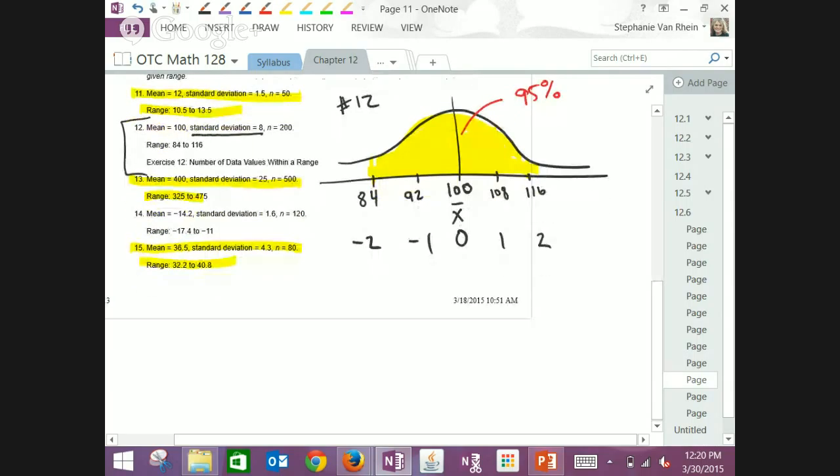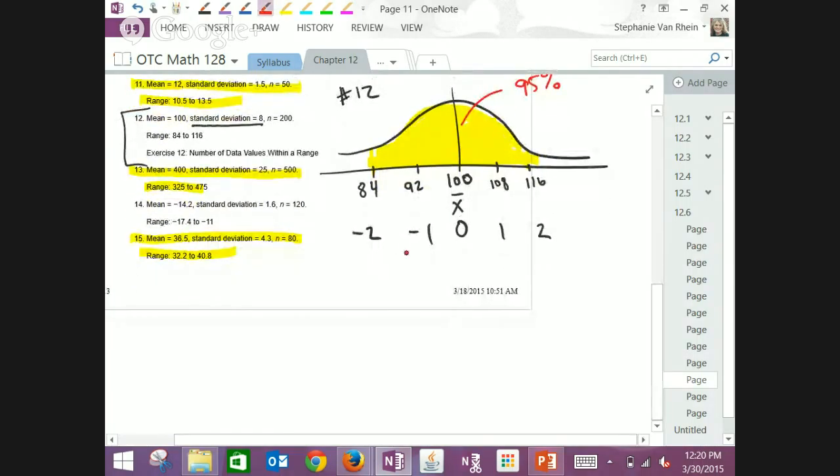I could look at my z table and look at a z value of -2 and a z value of 2. They're going to be the same. They're symmetric. So if I go to my table, I would add them together because they're on opposite sides. So a z value of 2 would give me 0.477. So if I add that together, what do I get?